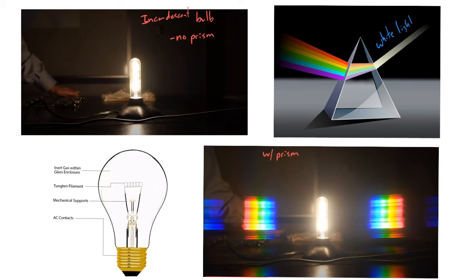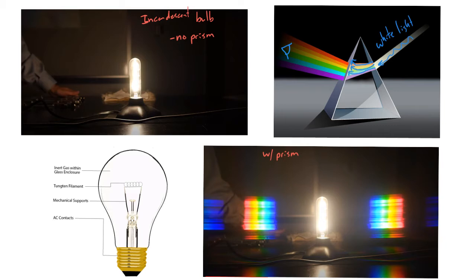And what's going on here is that the white light is entering through the prism, and the prism is separating that light into the different components that are present in that beam of light. And we see a rainbow pattern through the prism. We see the typical red, orange, yellow, green, blue, and purple or violet. So that's what we're seeing through the prism. So we see that this light coming out of the incandescent light bulb has all of the different wavelengths of the visible spectrum that we're familiar with.